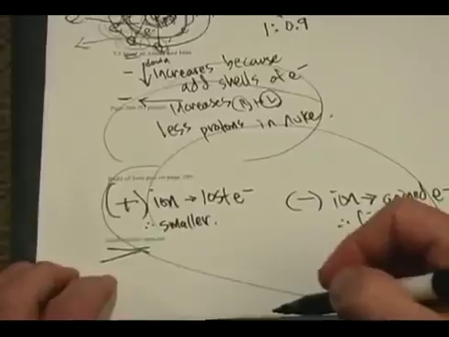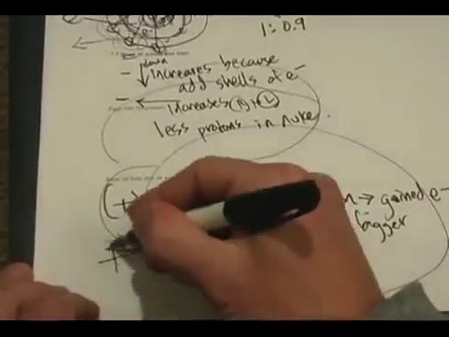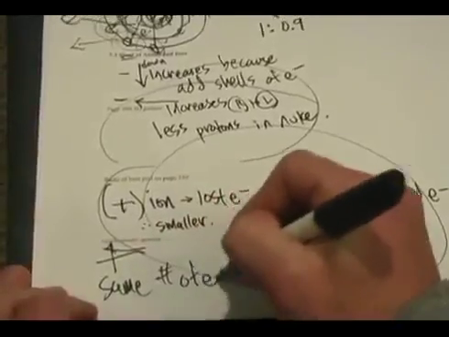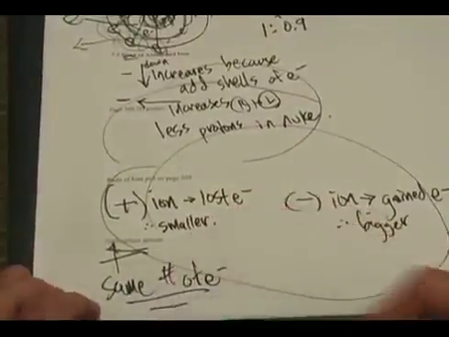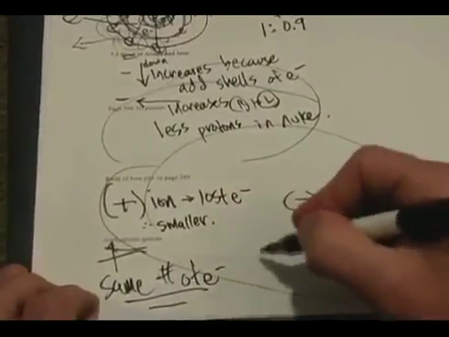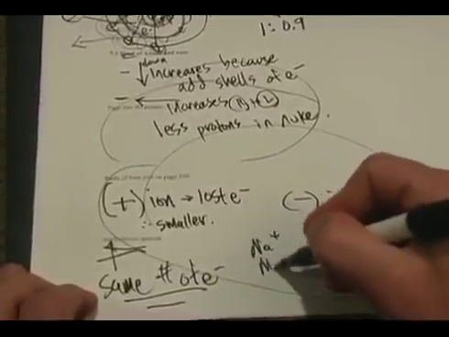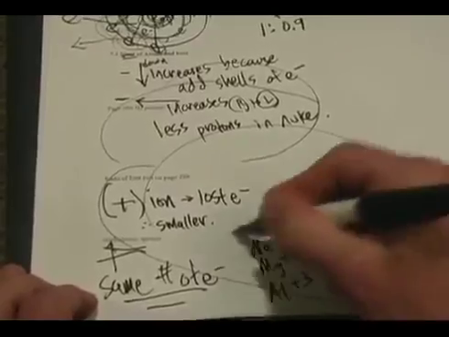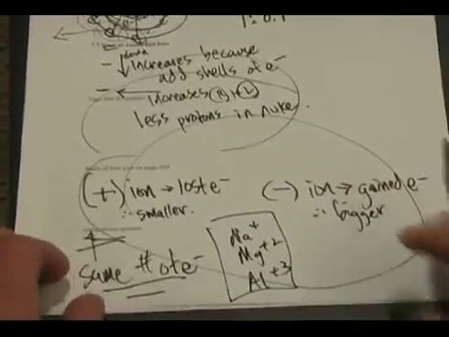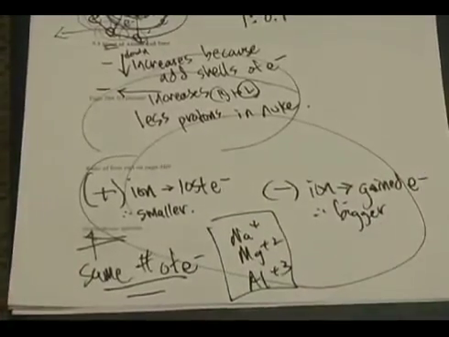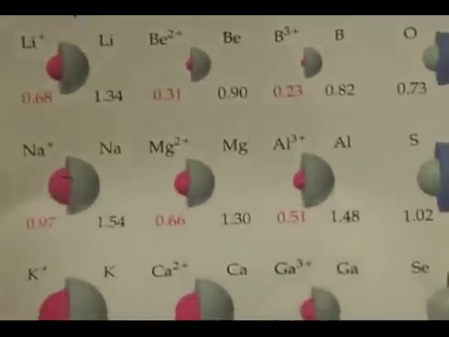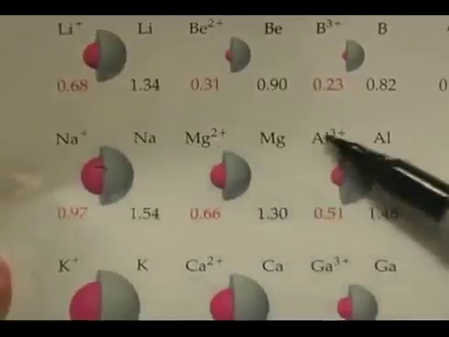What about isoelectronic species? Isoelectronic means the same number of electrons. Examples of this would be Na+, Mg2+, and Al3+. Those three would be isoelectronic to each other, because this one has lost 1 electron, this one lost 2, and this one has lost 3.